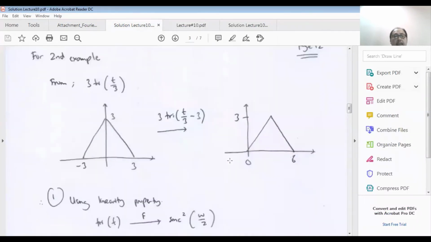Referring to the previous example with 3 triangular T over 3, when this signal is shifted by 3 units to the right, its mathematical equation is 3 triangular T over 3 minus 3.